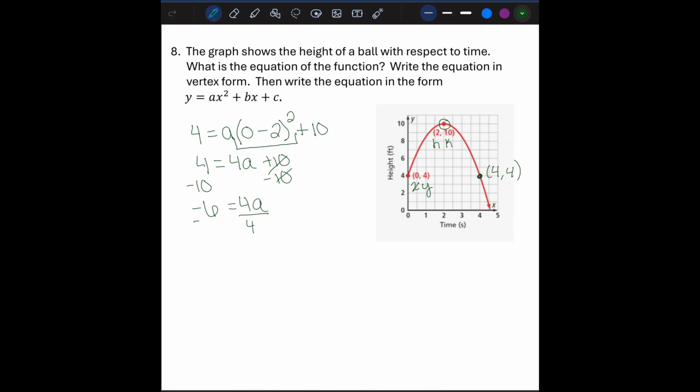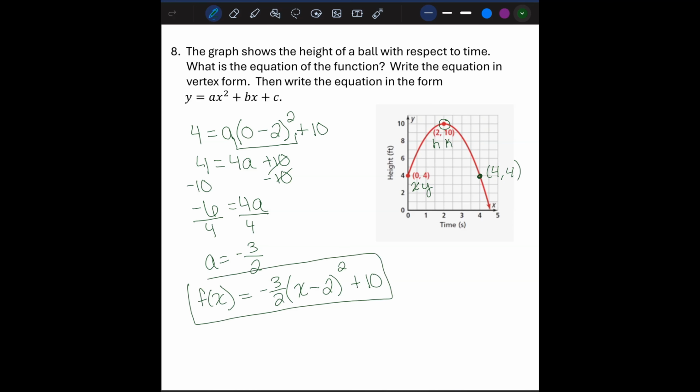Divide by 4. So a is equal to negative 3 over 2. So my function would be f of x equals negative 3 halves times x minus h, which is 2, squared plus k. So there is your vertex form.